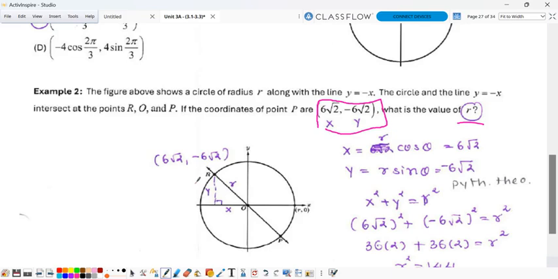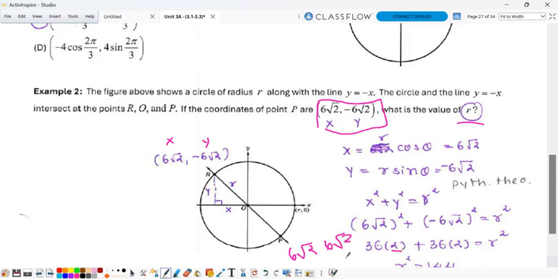You have to know the coordinates, which are x and y. So always draw the picture on the circle, and always label. We know the Pythagorean theorem is x squared plus y squared equals r squared. You have to be very, very careful about squaring negative numbers and radicals. 6 root 2 squared: if you are ever in doubt, write 6 root 2 and 6 root 2, write it twice.